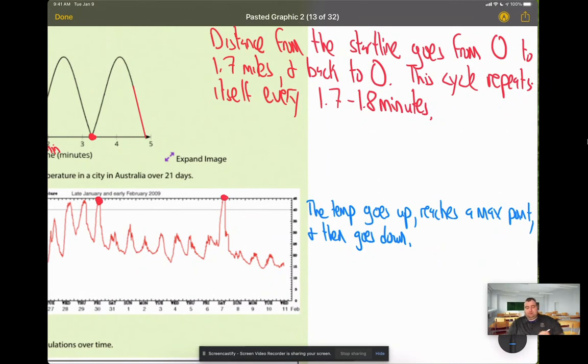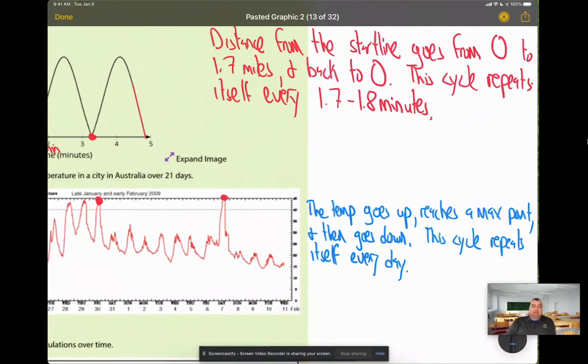Okay? This cycle repeats itself every day. Okay? So there's a high temperature and a low temperature for each day.